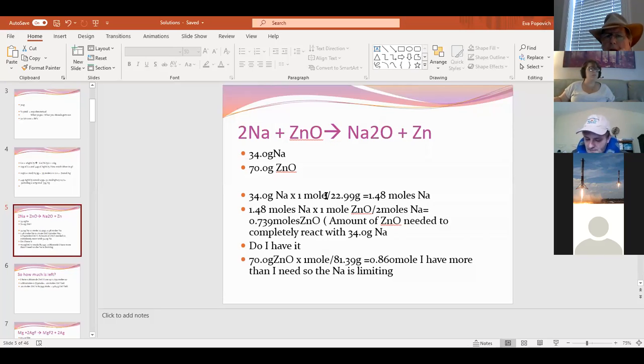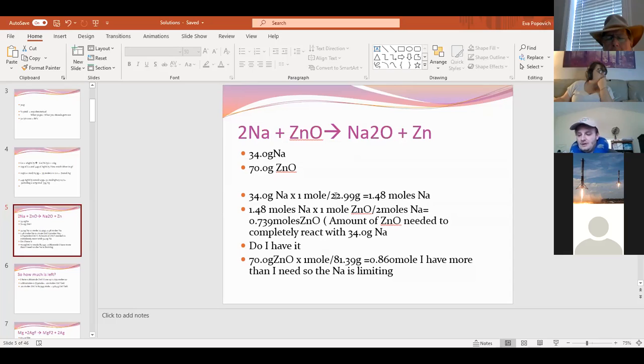Divide 34 grams by 22.99. What do you get, Hunter? 34 divided by 22.99. That's 1.47 something, but we're doing 3 sig figs, right? Yeah, I got it to round up to 1.48 moles.